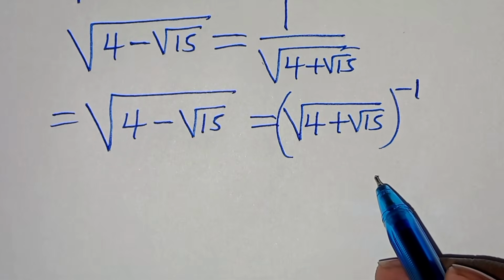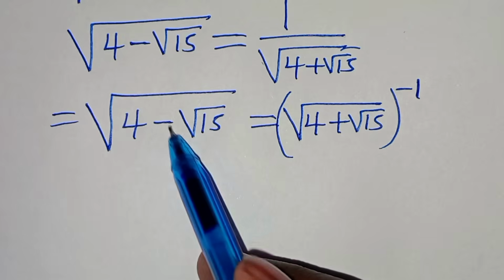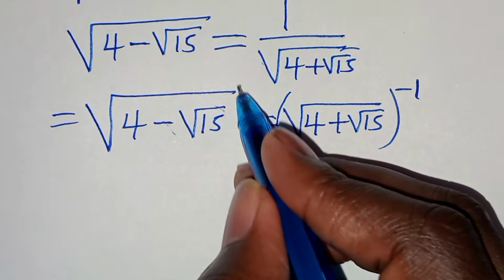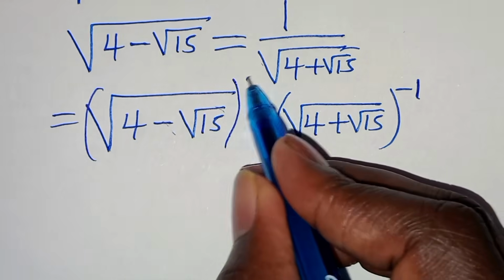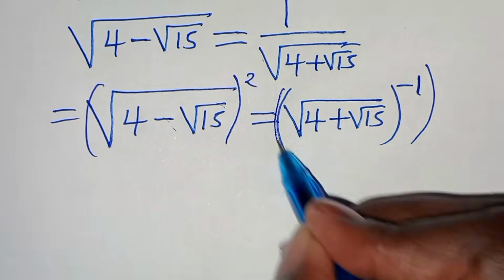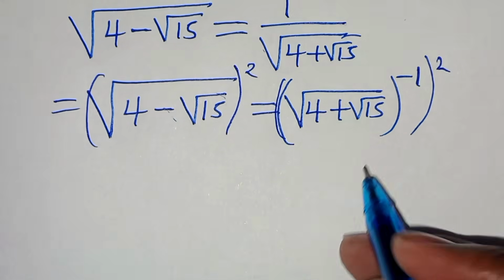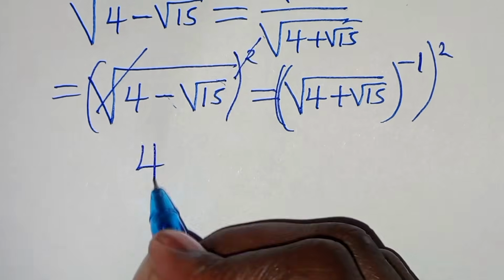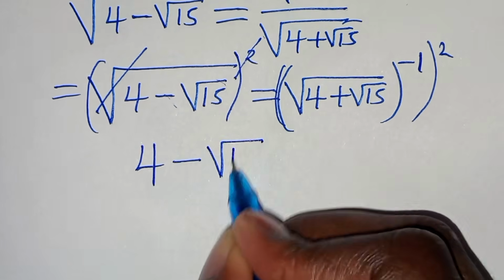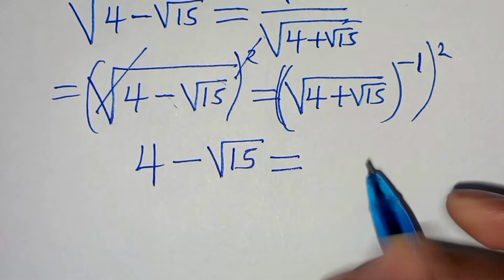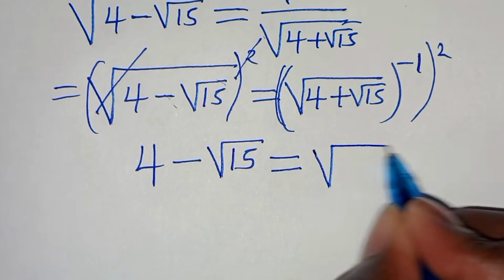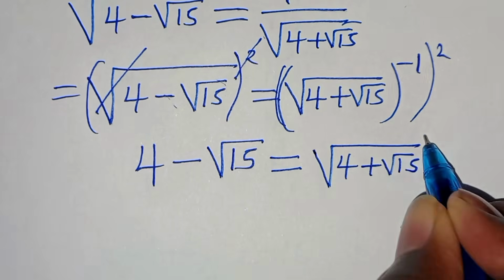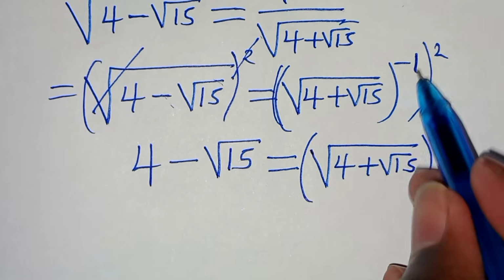Now, from here, we can eliminate the square root on this side. So let's square both sides, so that here we eliminate the square root sign. So this becomes 4 minus square root of 15 equal to square root of 4 plus square root of 15 raised to the power of minus 1 times 2.